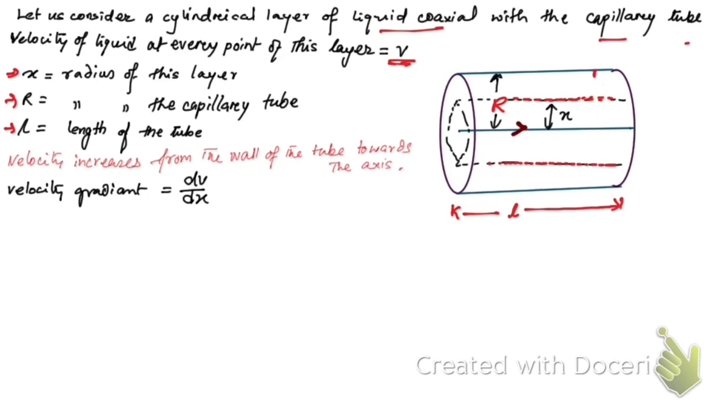So when you come from this wall towards the axis, then velocity increases, and it is maximum when you come to the axis. This is maximum velocity. All right, hope you have understood this.